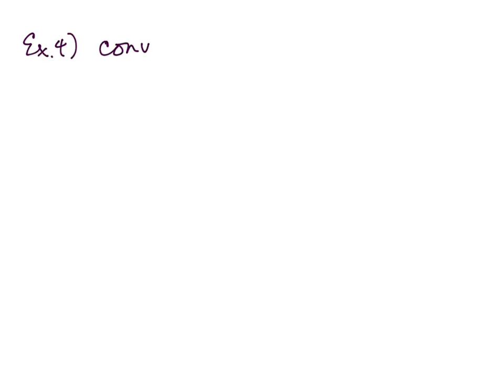Example 4 says convert from standard form to vertex form. Convert from standard to vertex. Okay, and you've already done this. You've already had to find the vertex given a standard form equation. So let's see.